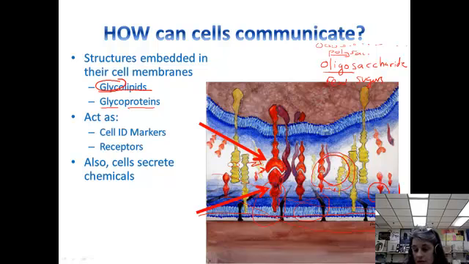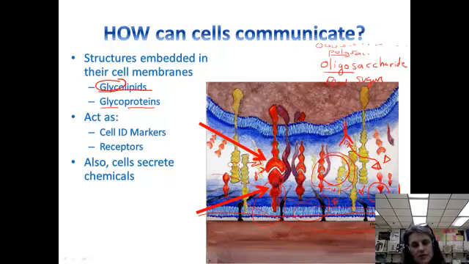Also, cells secrete chemicals. One cell may secrete a particular chemical, and there might be a receptor. Let's say there's a receptor on this cell that is shaped like this, and this guy down here is secreting little molecules that are shaped like that. Well, they may fit this receptor and then give this cell some information that it needs to know how to respond to this cell over here.